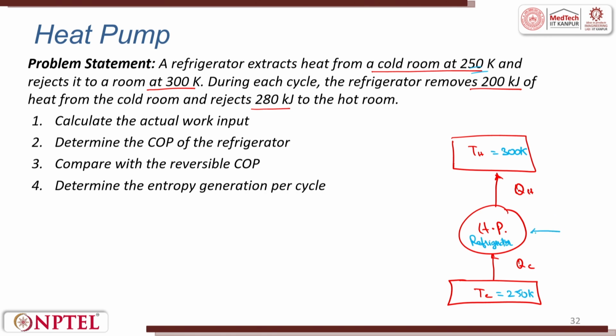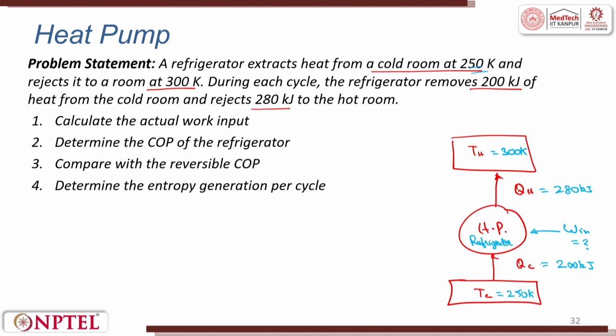And we have work in, which is to be calculated. Value of QH is given, that is it rejects 280 kilojoules into the hot room. Value of QC is given, that is 200 kilojoules.